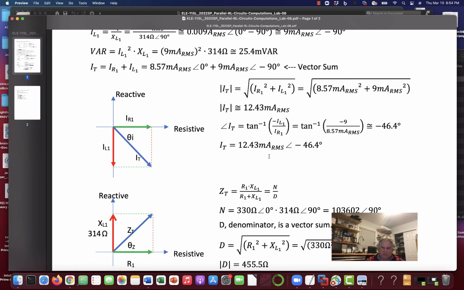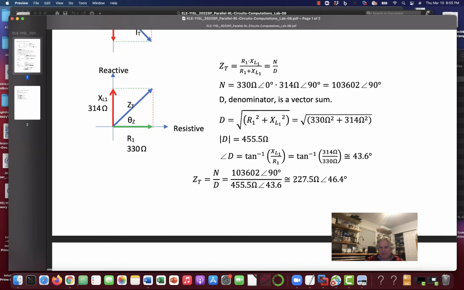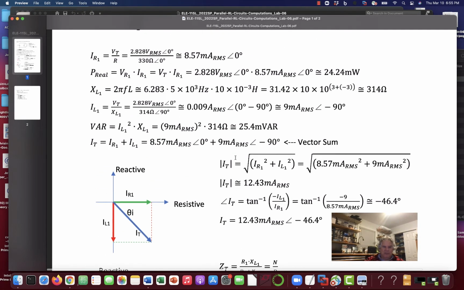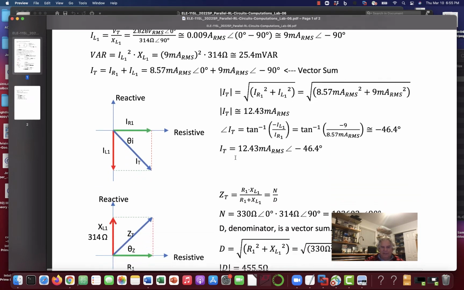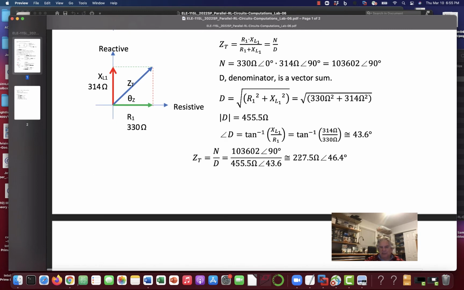I get 227.5 as the magnitude, so that's good. And 0 degrees minus minus 46.4 is like 0 degrees plus 46.4, so we get this very same number here. I did the total impedance the long way. If you know V total and I total in vector form, you could divide those and get the same number.